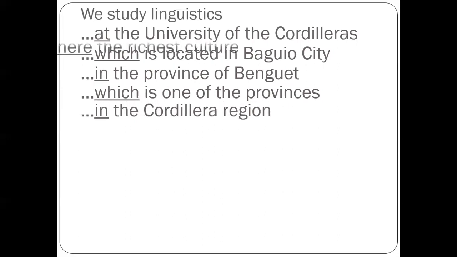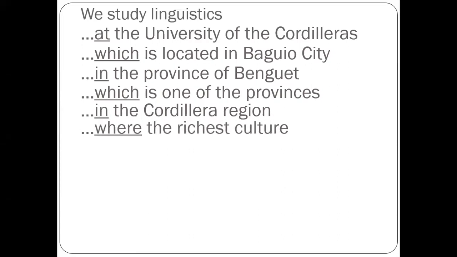One of the provinces in the Cordillera region where, so where is what you call an interrogative pronoun. So we can also use interrogative pronouns as adjunct. So something like who or where or who, when, there.